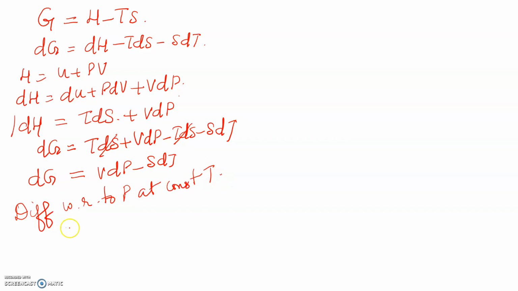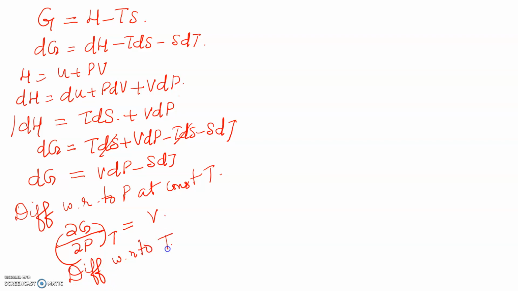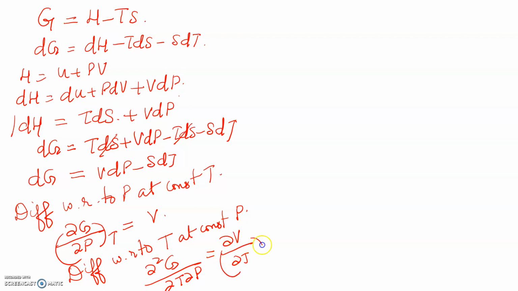This equation becomes ∂G/∂P at constant temperature is equal to V. Okay, differentiating again with respect to, interchange the variables, T at constant pressure. ∂²G/∂T∂P is equal to ∂V/∂T at constant pressure.